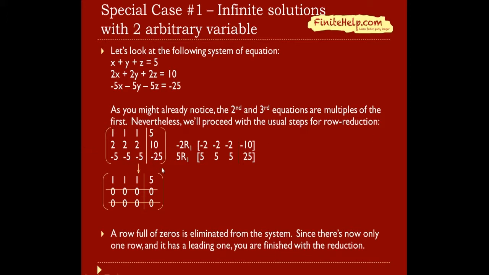But let's say you didn't notice that and you follow through with your regular row reduction, which is to clear the 2, multiply by -2, and clear the -5 by multiplying by 5. We're going to see these two rows come out to be rows full of zeros. A row full of zeros is eliminated from the system because the equation simply reads 0x plus 0y plus 0z equals 0. And that's not saying anything.